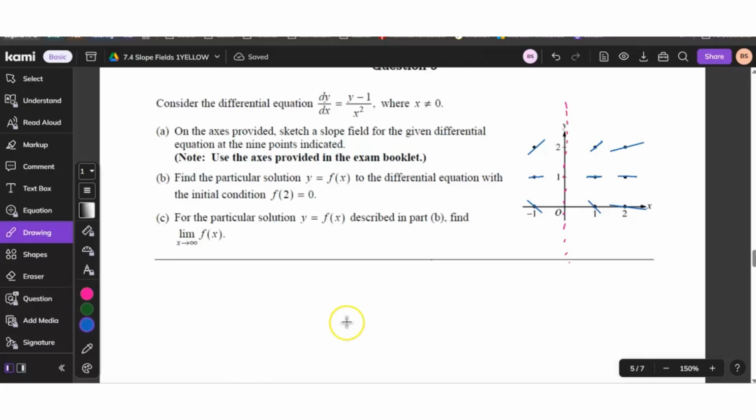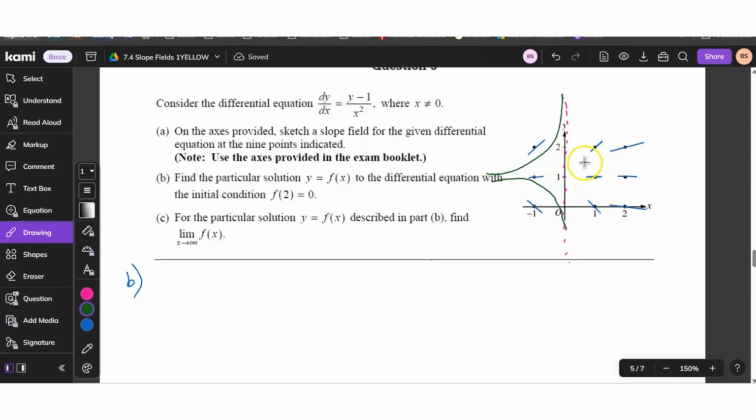If you were asked to draw the line, how would you do it? It all depends, right? One particular solution could be that it goes like this. Another one could be that it goes like this.